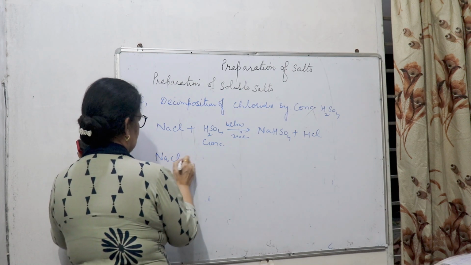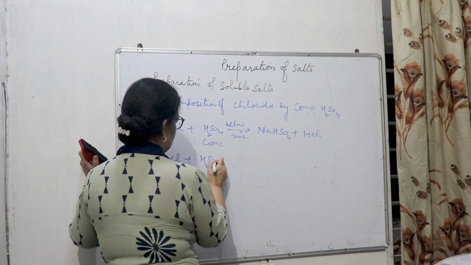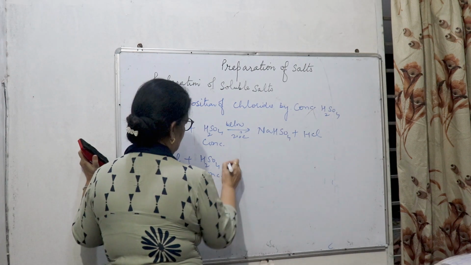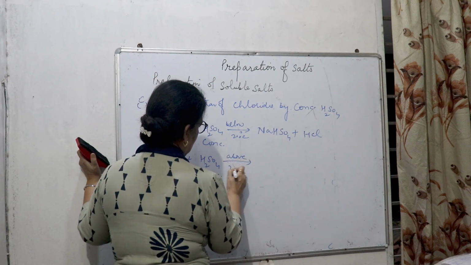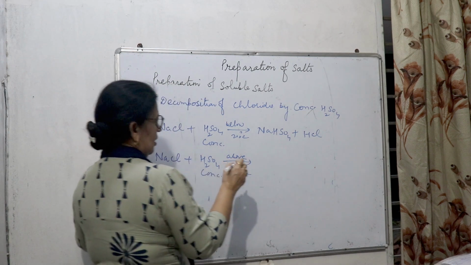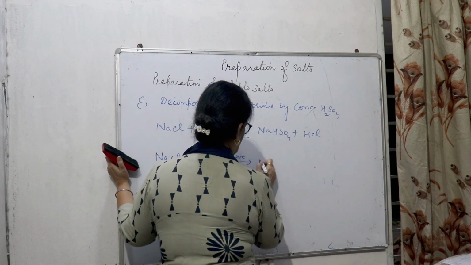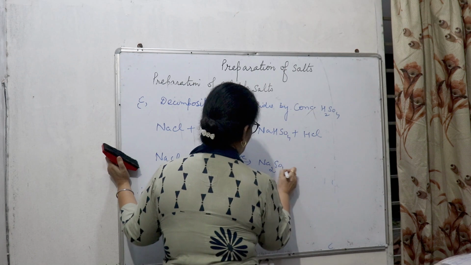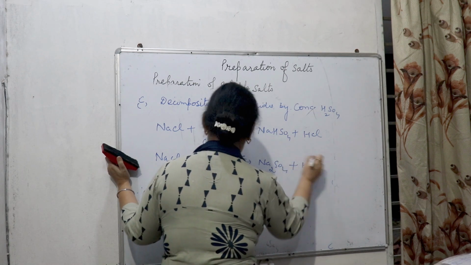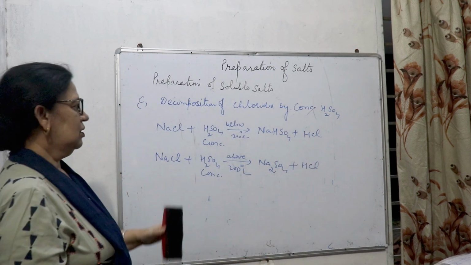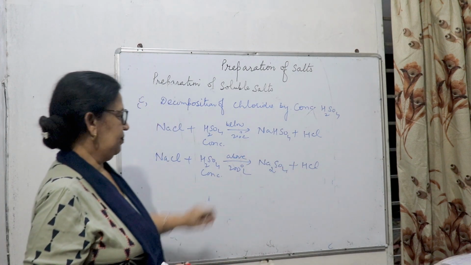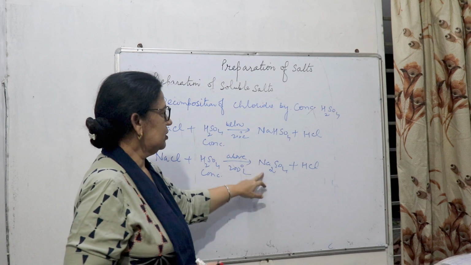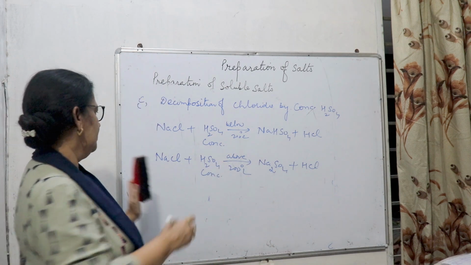This can be NaCl plus concentrated H2SO4, and when the temperature is above 200 degrees Celsius, the salt formed is Na2SO4 plus HCl. So this is an acid salt prepared and this is the normal salt prepared, and these two salts are soluble salts.